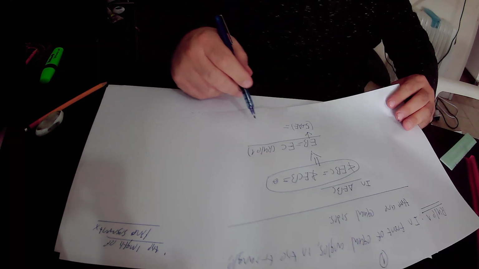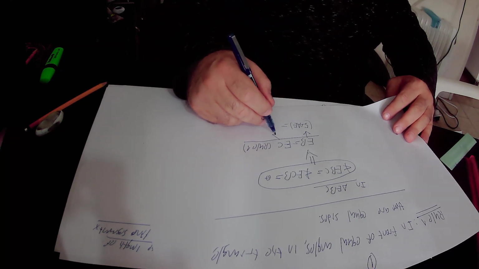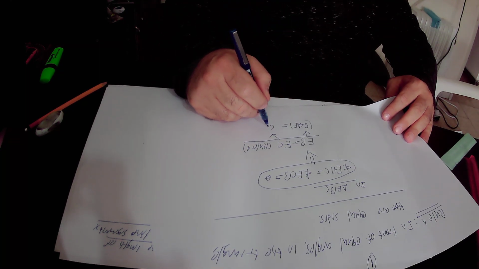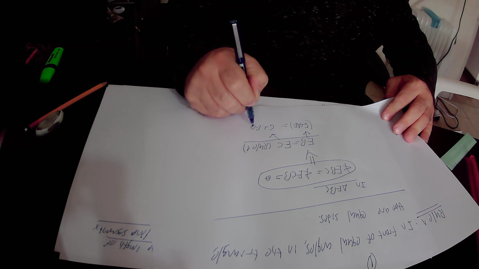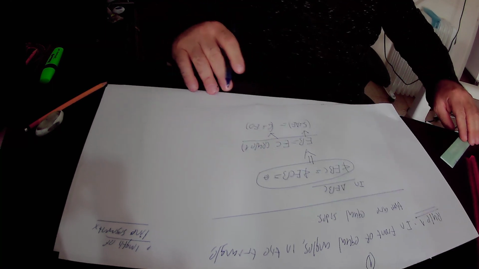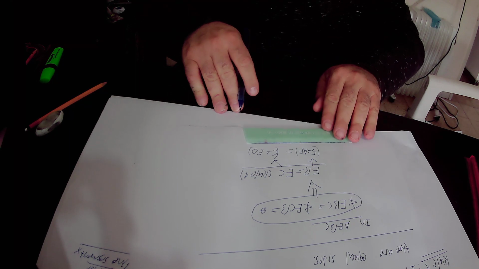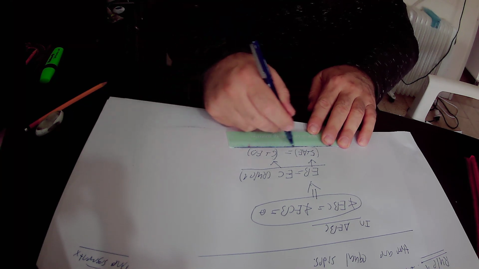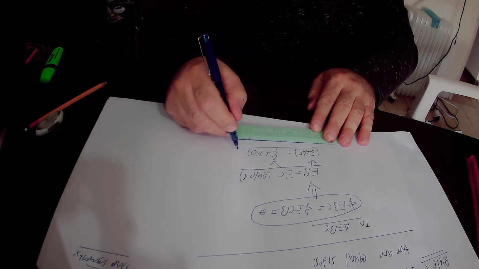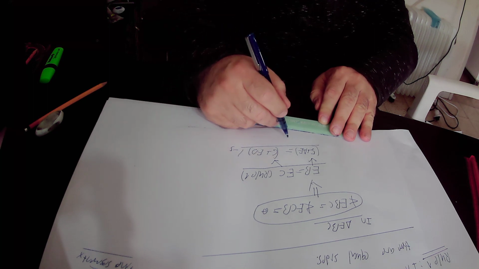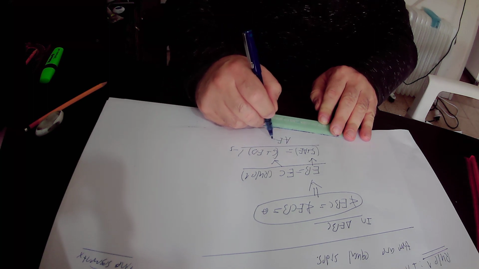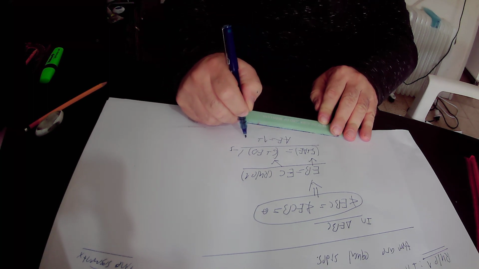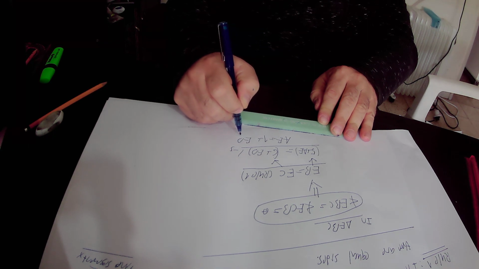So we substitute side EC by 6 plus ED. So here we will subtract 5 from this equation, and we will get that AE equals 1 plus ED. Okay?